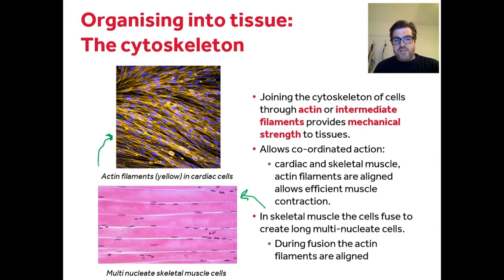And you can also see the striated actin filaments. And as the cells fuse together, all those filaments become coordinated together, and that's what allows the skeletal muscles to form powerful contractions across longer distances.